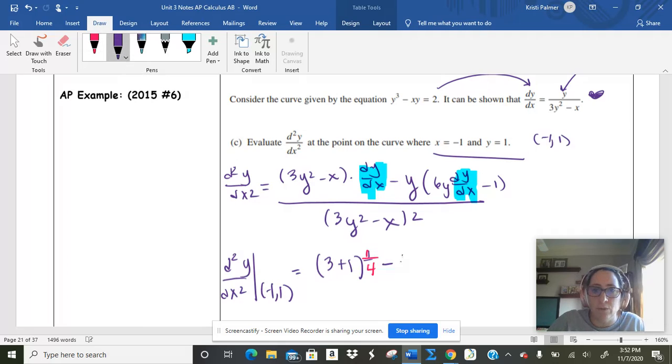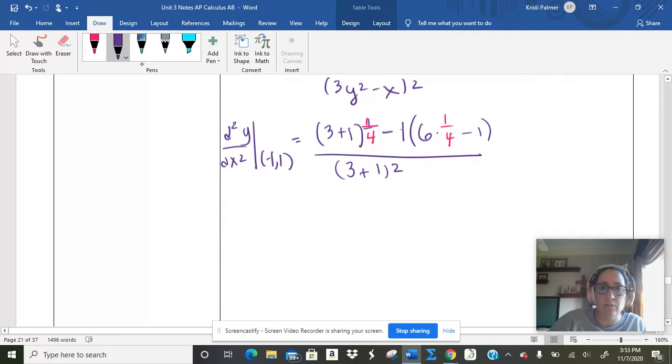Minus, the y was just 1, 6 times 1 is 6, times, again, we found that one right there to be 1/4. Minus the 1. All over 3 times 1 squared is 3. Again, plus, since it was minus and negative, all squared.